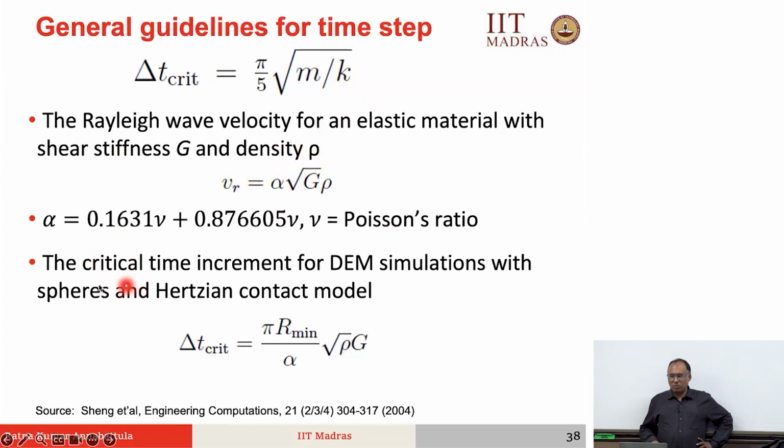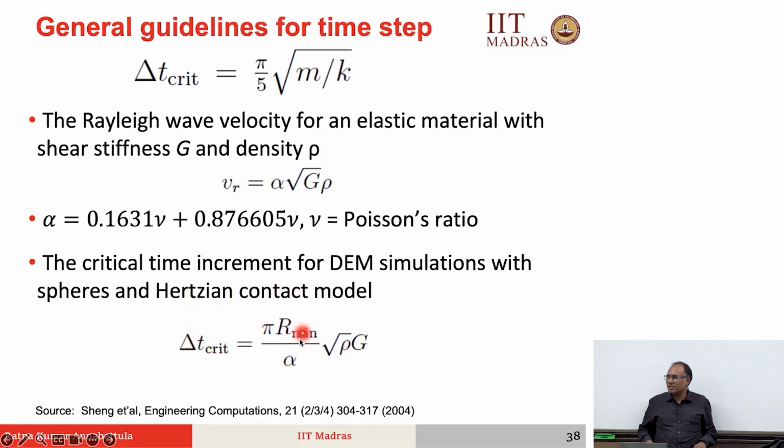And typically if you are having a Hertzian contact model, as I told you about the contact constitutive response between two particles, how your contact force is calculated, if that constitutive model happens to be the Hertzian contact model, then the critical delta t should be this.